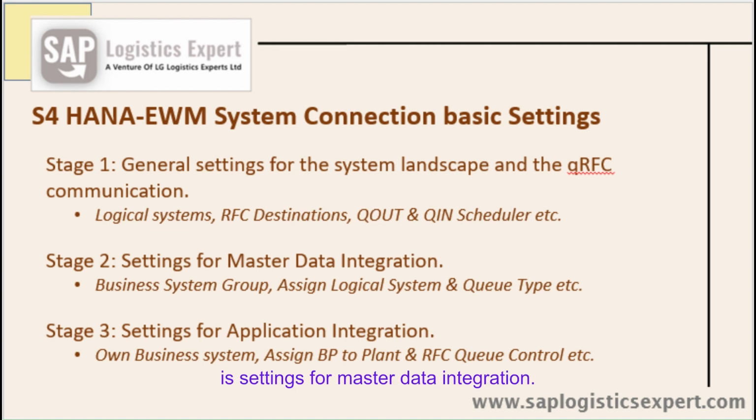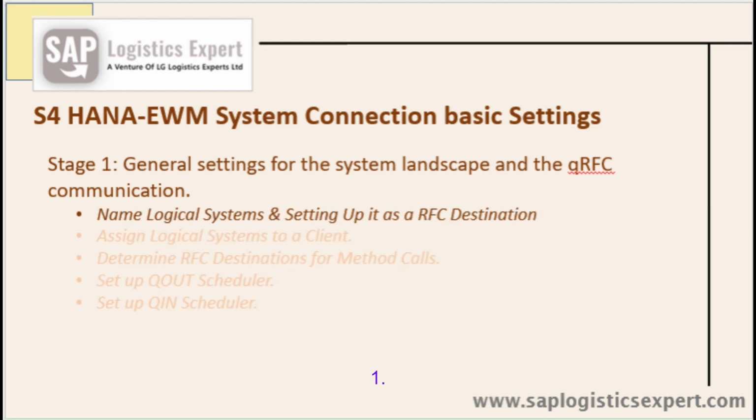Stage 2 is settings for master data integration. Here business system group, assign logical system and queue type etc. are configured. Stage 3 is settings for application integration. Here own business system, assign BP to plant and RFC queue control etc. are configured. Let us go to stage 1.